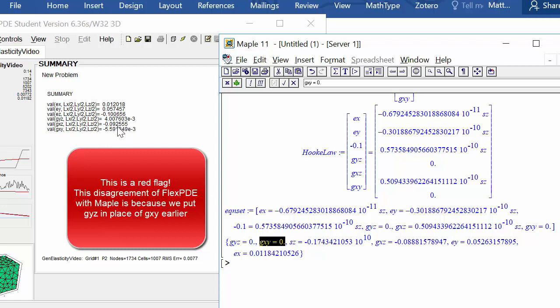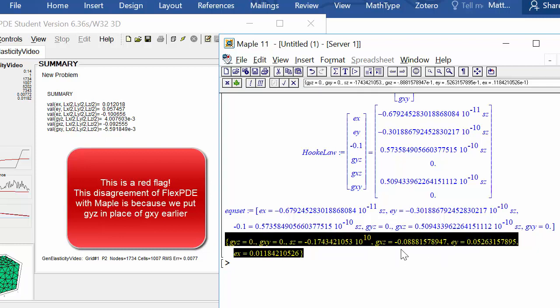And GXZ, Flex calculated 0.093, and Maple calculated 0.089. So that one is probably the biggest difference that we found. So quite a lot different than what we were expecting, but generally things were pretty close in Flex to what they were in Maple.